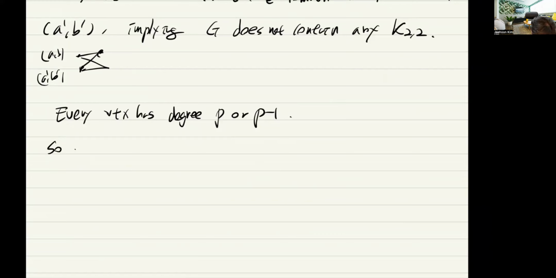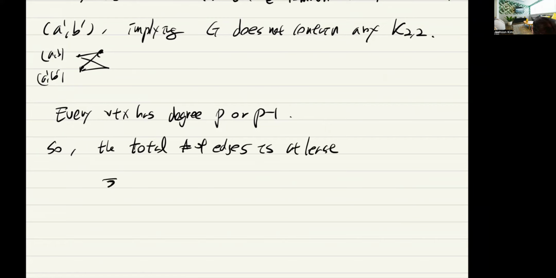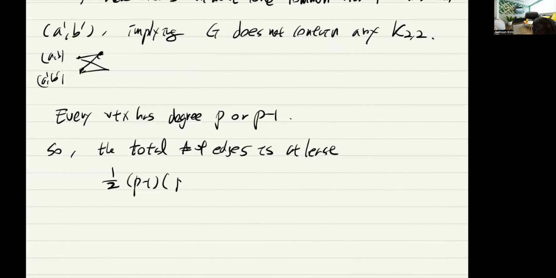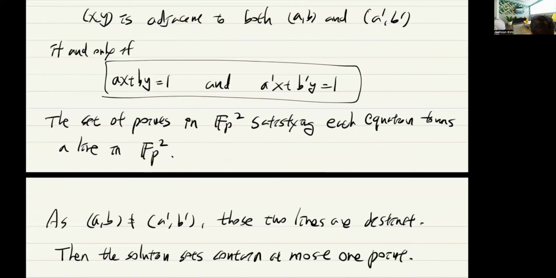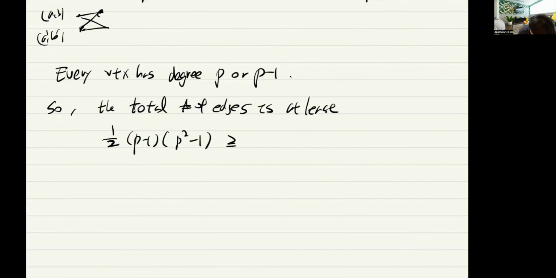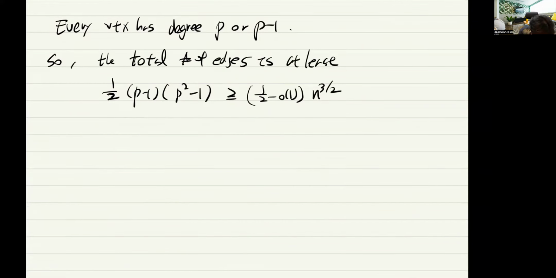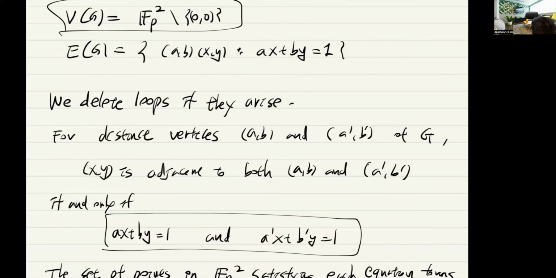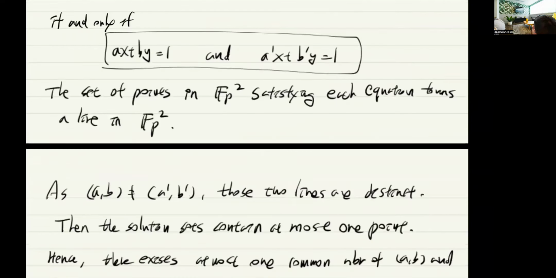So the total number of edges is at least half times (p minus 1) times the number of vertices. How many vertices does it have? p squared minus 1, that's how we defined it here. That's at least half times (1 - o(1)) times n to the 3 over 2. And we have p squared minus 1 vertices, which might be smaller than n.